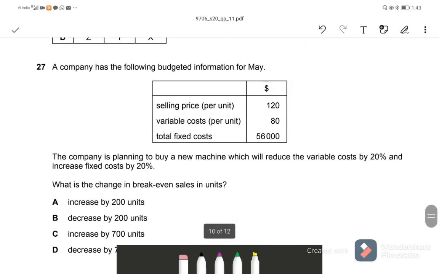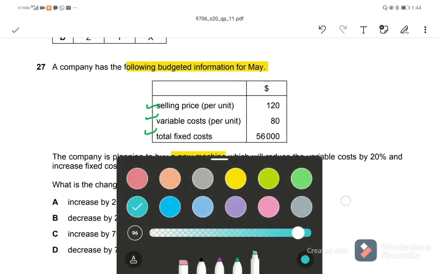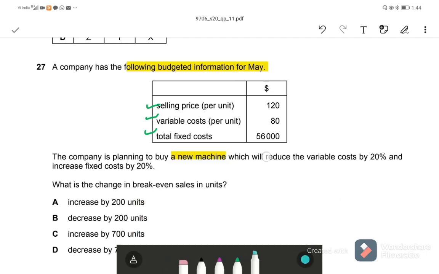Next, a company has the following budgeted information for May: selling price, variable cost, total fixed cost. The company is planning to buy a new machine which will reduce the variable cost by 20% and increase fixed cost by 20%.